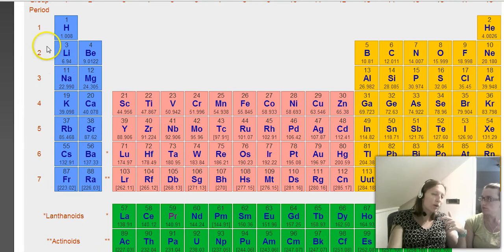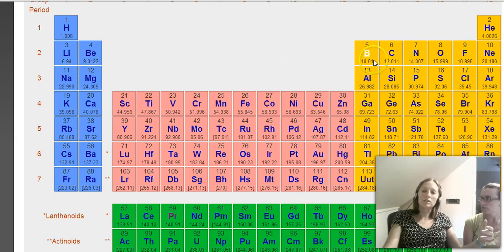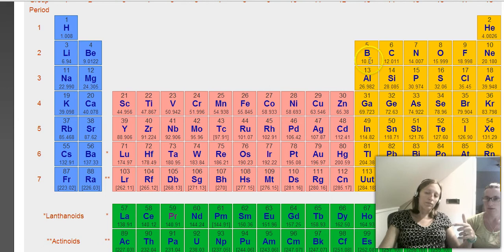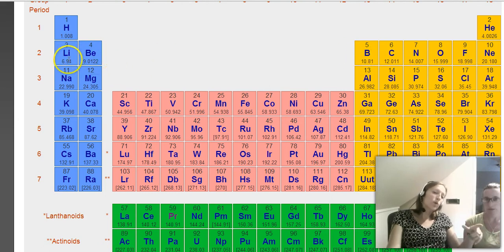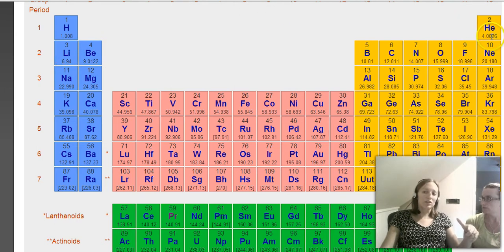You can work that out because the first one was easy, and for the second one there was this huge jump up to a much higher ionization energy. Whereas with boron, you pull one off, and that gets you to beryllium's electron configuration. You pull two off, it's a little bit harder because you're pulling it off a positive ion. You pull three off, it gets you down to helium's electron configuration.